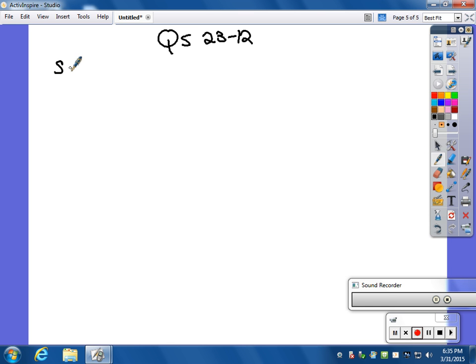Actual cost is what you said? Actually, it's just actual. And then the standard costs. The actual cost and the standard cost. Actual, standard, and what else?